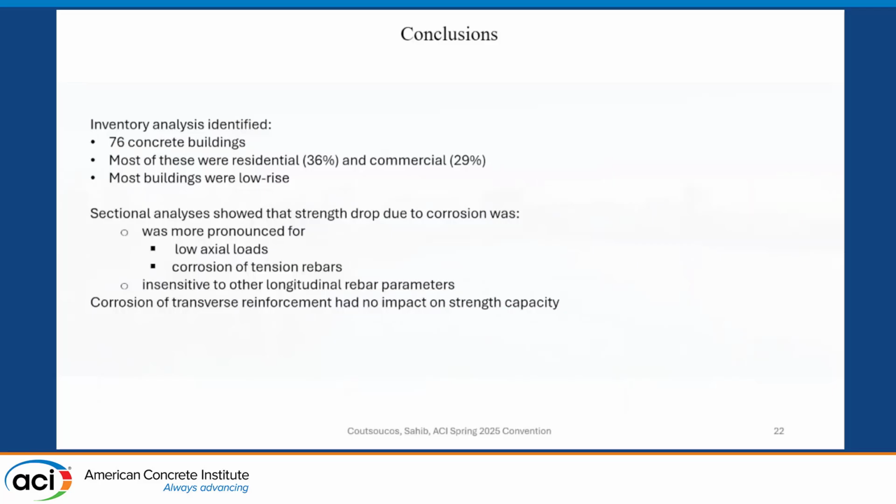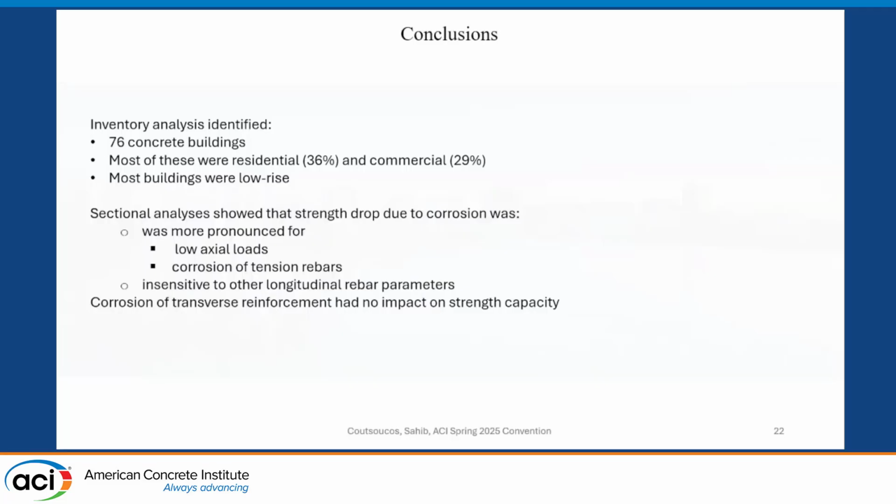And our conclusions? Our testbed inventory analysis concluded with 76 concrete buildings, with the majority of them being commercial, residential, and low-rise. Moving forward, our research will focus on spatial locations of these concrete buildings and the associated level of flood hazard.